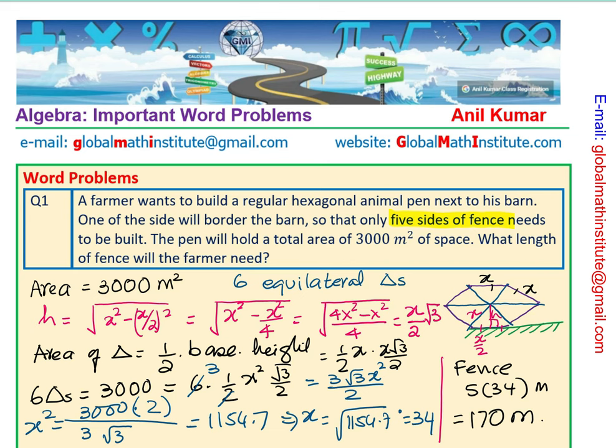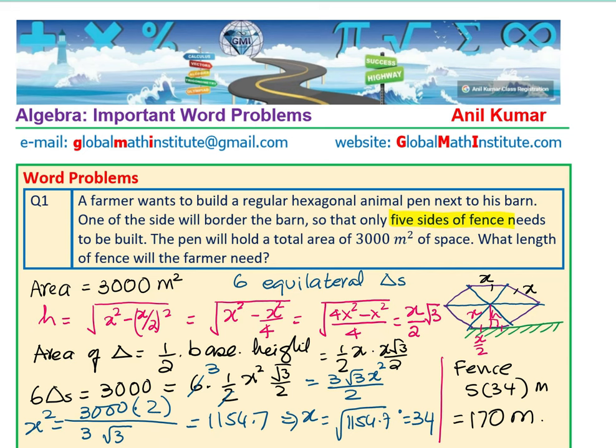So step number 1 was to sketch, to get an idea of what we are trying to do. Let each side be x meters. In that case, we form 6 equilateral triangles. Each triangle will have side length of x, and the area of a triangle will be, as calculated, x square times square root 3 over 2 divided by 2.